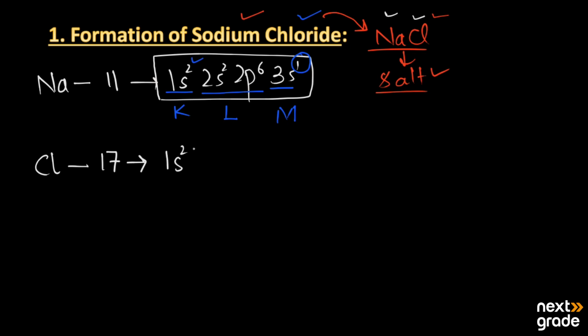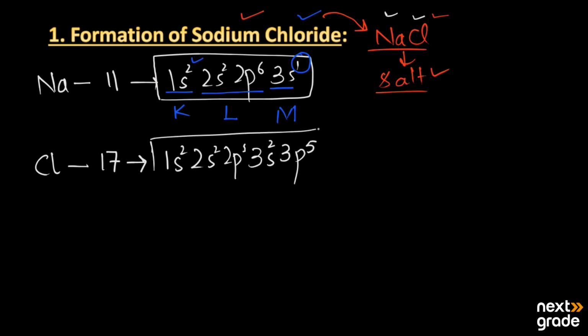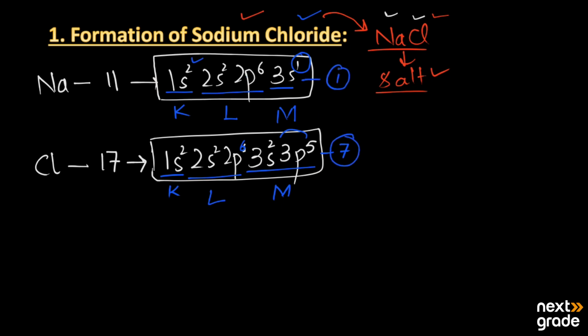Its electronic configuration is 1s2, 2s2, 2p6, 3s2 and 3p5. Its K shell has 2 electrons, the L shell has 8 electrons, and the M shell has 5 plus 2, total 7 electrons in the valence shell, while sodium has 1 electron in the valence shell.